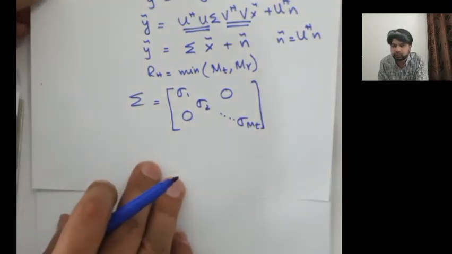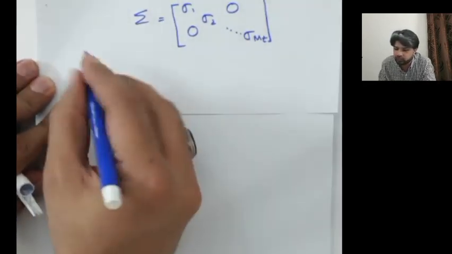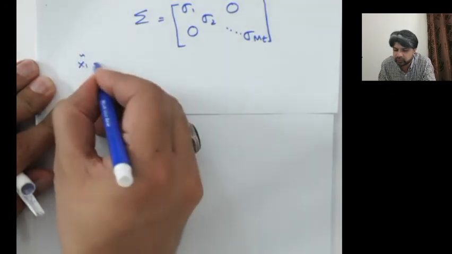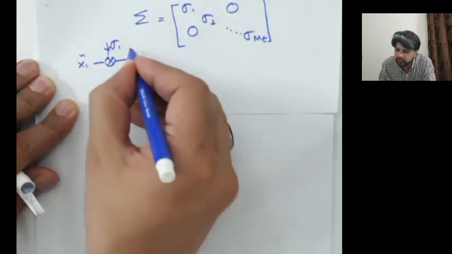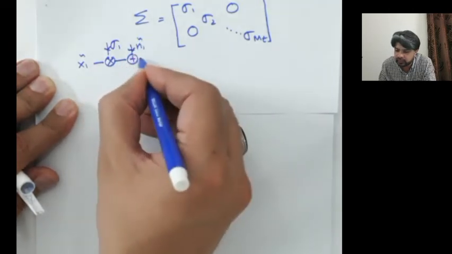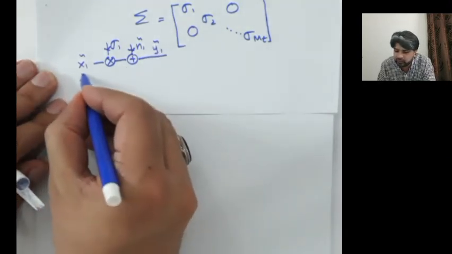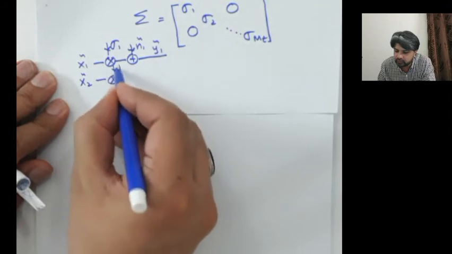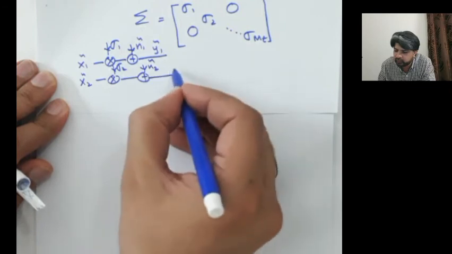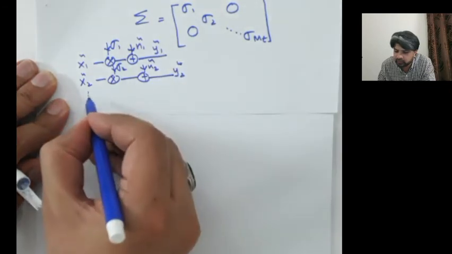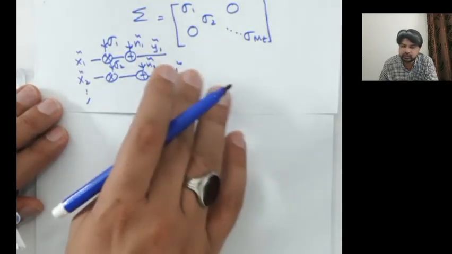And hence your channel, which was a MIMO channel, can now be represented as follows: you would transmit this x1 tilde that would get multiplied with sigma 1. You would add noise n1 tilde to it, and you would receive y1 tilde here. Similarly, you would have x2 tilde, which you would multiply with sigma 2 here. Noise n2 tilde would get added, and you would get y2 tilde here. And you would have RH of these kinds of channels, where RH is the rank.